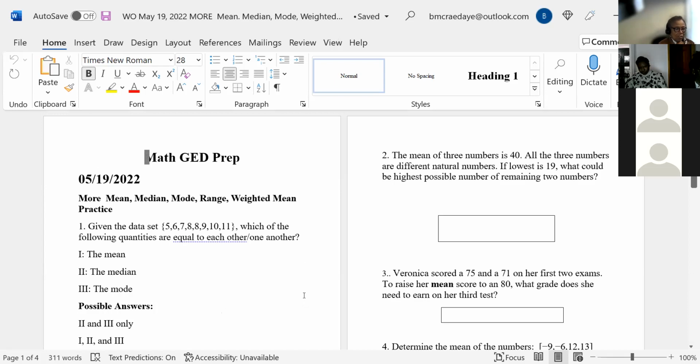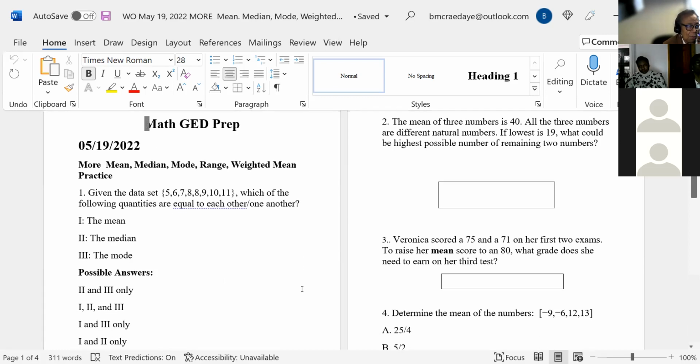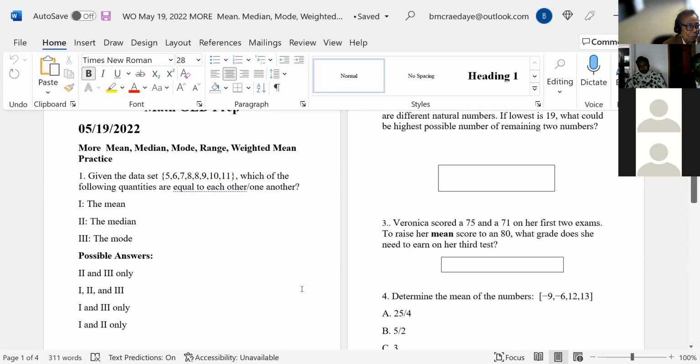This is some more mean, median, mode, range practice. I want you to do number 1 right now. Make sure you understand what I'm asking you for here. Here is your data. Which of the following are equal to each other? Here are your possible answers. Roman numeral 1 is the mean.